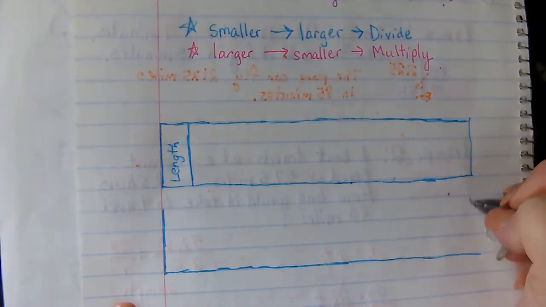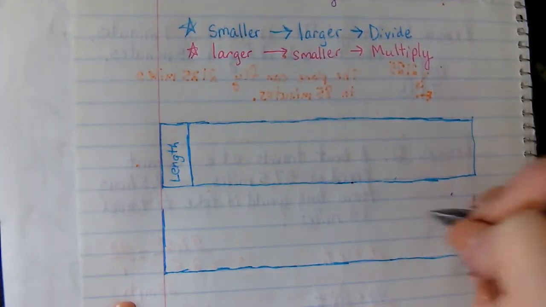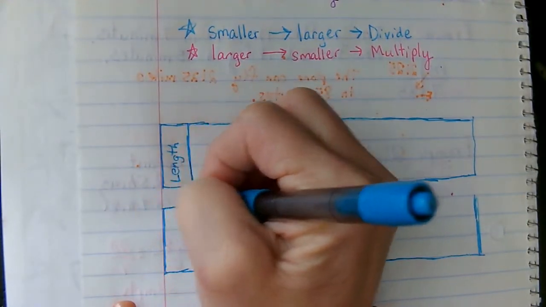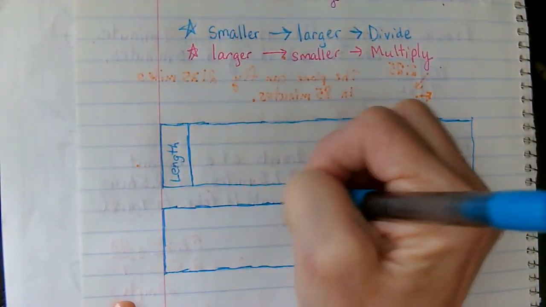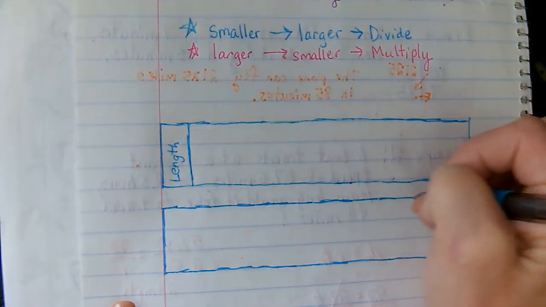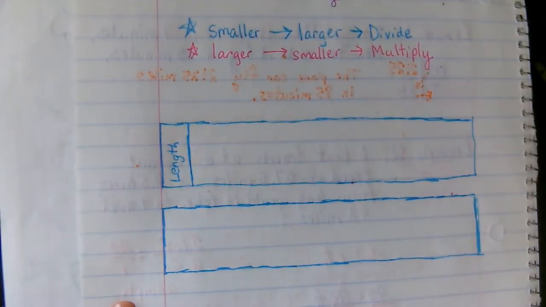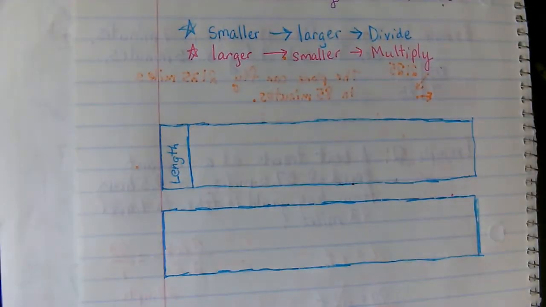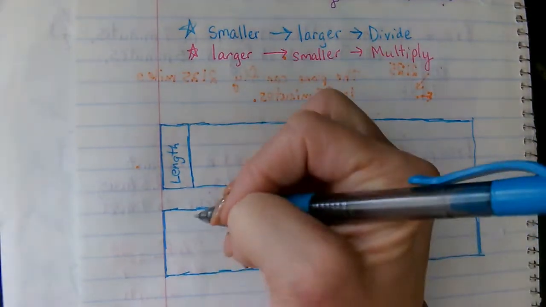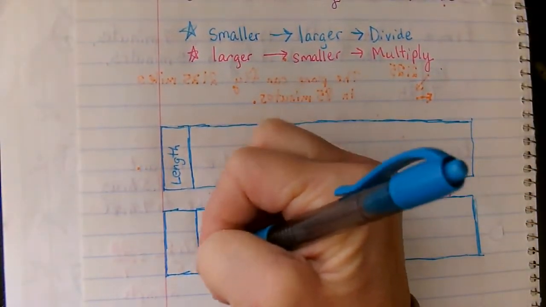As you can see, my ink's getting a little dry. And on this one, like I said, we're going to label this capacity.